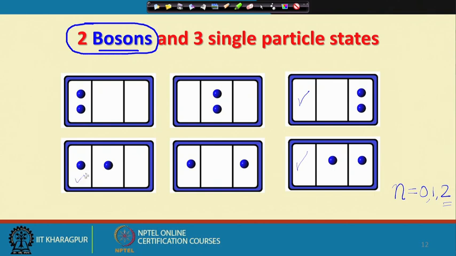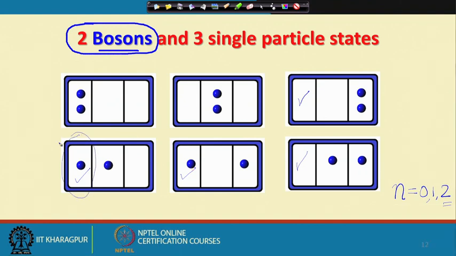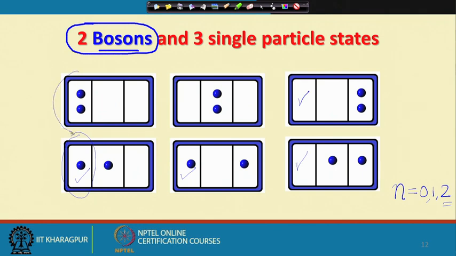Obviously, this microscopic state and this microscopic state have n equal to 1 for the leftmost subcompartment. And if I am looking for those states where n is equal to 2 for the leftmost compartment, this is the case where the leftmost compartment has both the bosons associated with it.